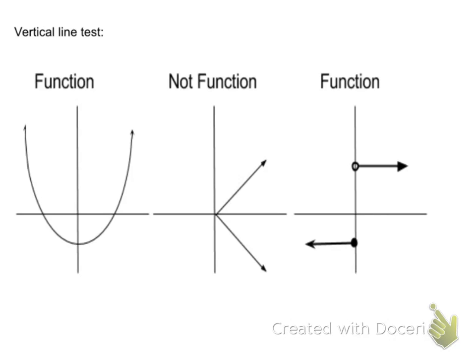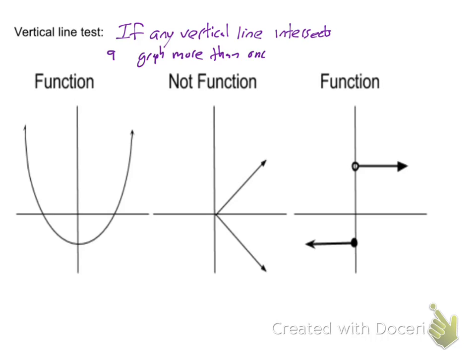The vertical line test says, if any vertical line intersects a graph more than once, then it's not a function.